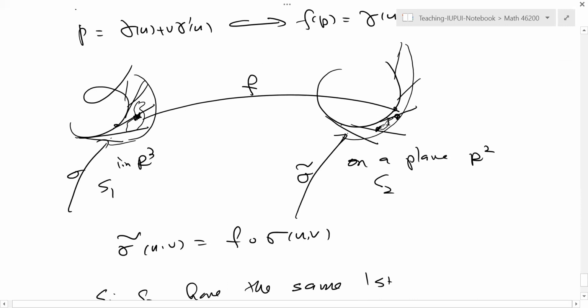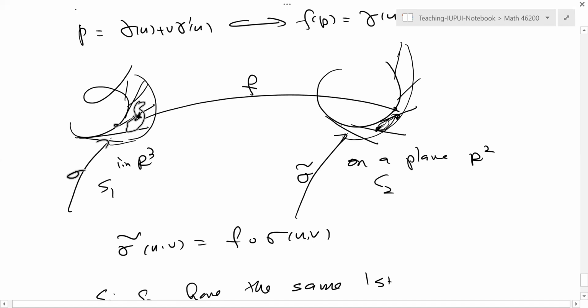It's not curved, in R2 it's flat. The image is flat, and here it's curved, twisted. There are so many interesting diffeomorphisms.